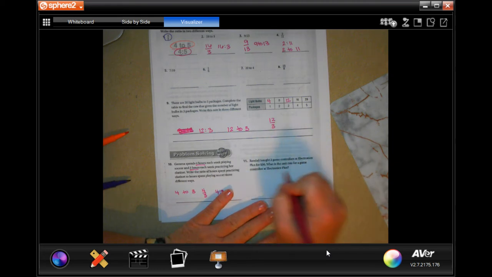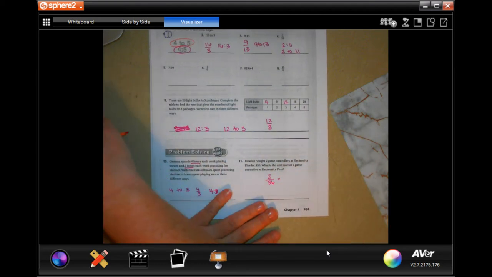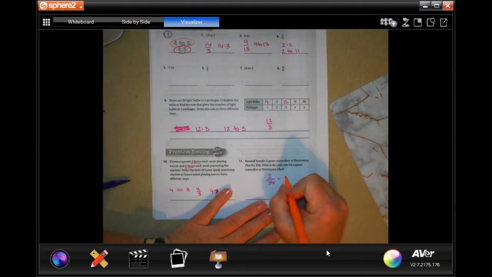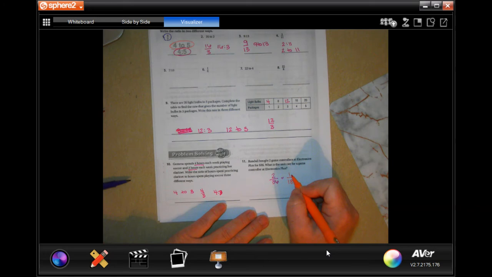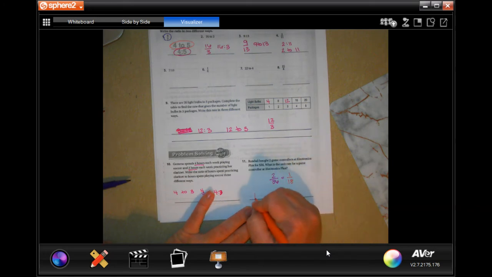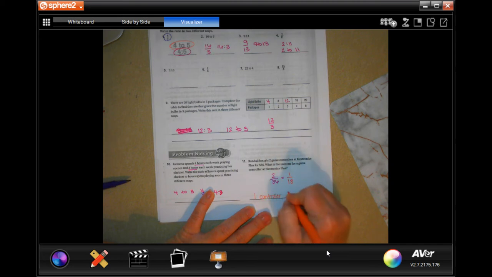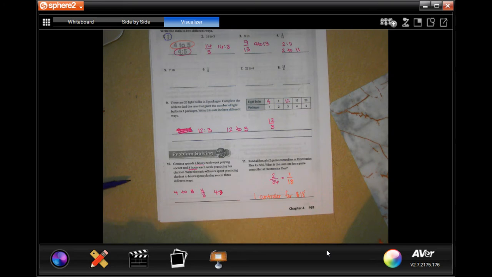So if we have 2 for 36, then if I just reduce that by 2, I'm going to get 1 over 18. So for one controller, it would be $18. One controller for $18.